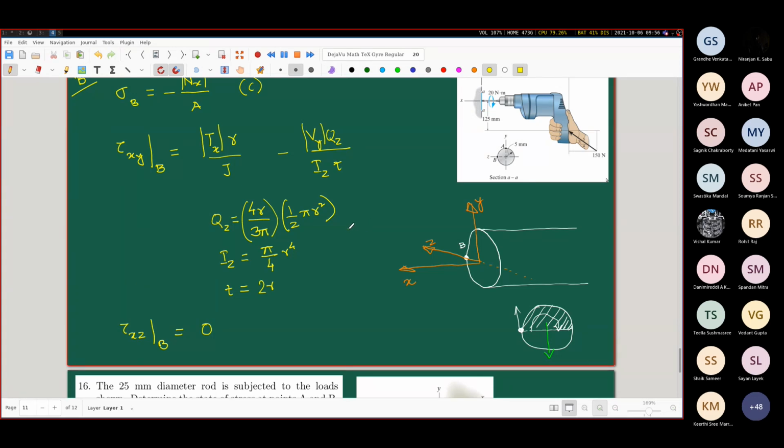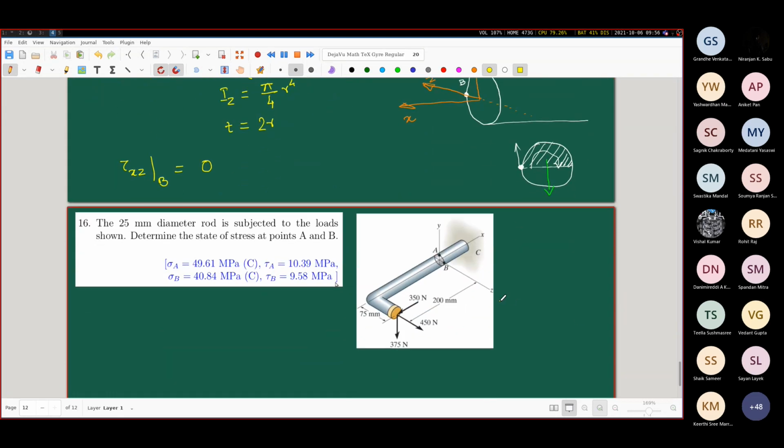Once you do a few problems, these kinds of things will start to become clear to you. The next problem is a good opportunity for that. We'll nevertheless do this, but you try this on your own also.